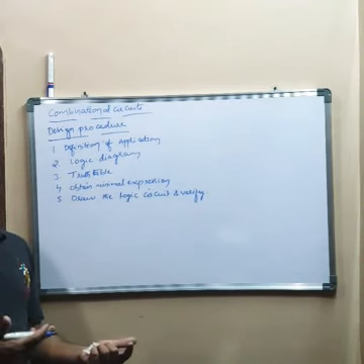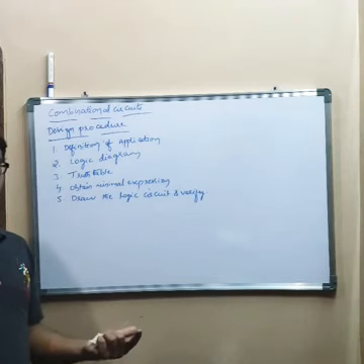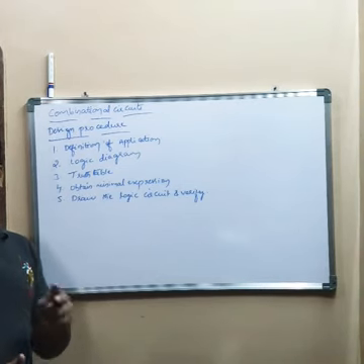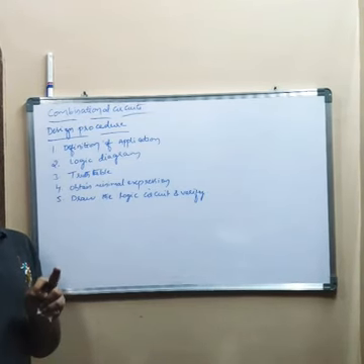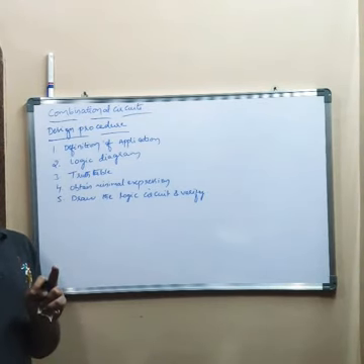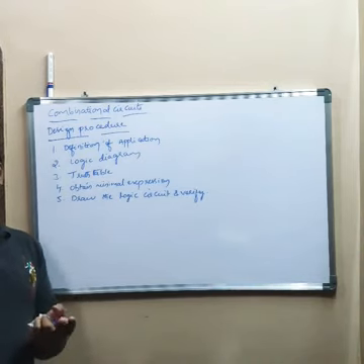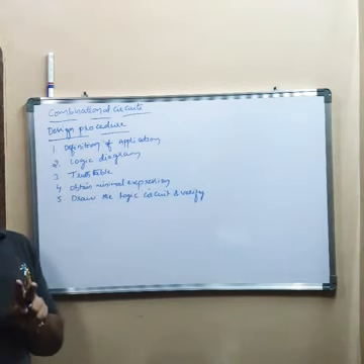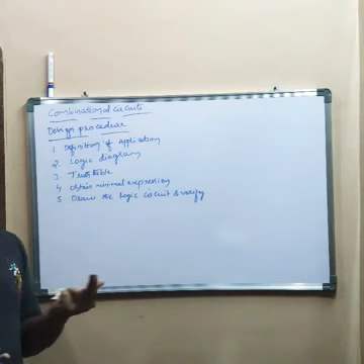If there are two inputs, they are designated as A and B. If you take any adder, there are two common outputs, sum and carry. Whenever you are adding two numbers, either binary or decimal, the result contains two outputs, sum and carry, right? And you have to designate these outputs.